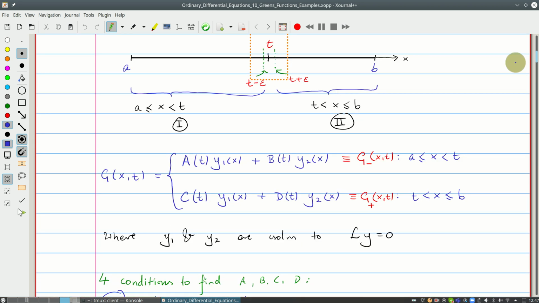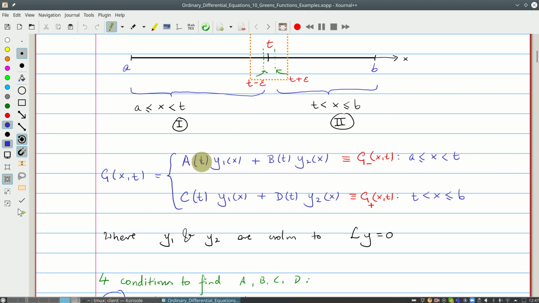And then this upper portion of this piecewise definition is g minus, and this is where x is less than t but greater than the left hand boundary, and then we have g plus defined in an analogous way with different functions c and d, which are functions of t, and here x is greater than t but less than or equal to the right hand boundary b.